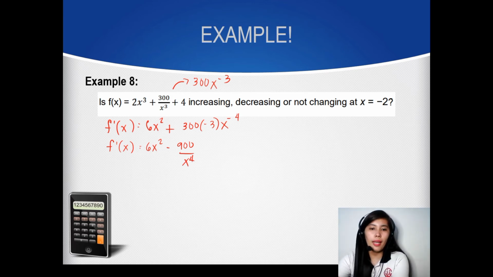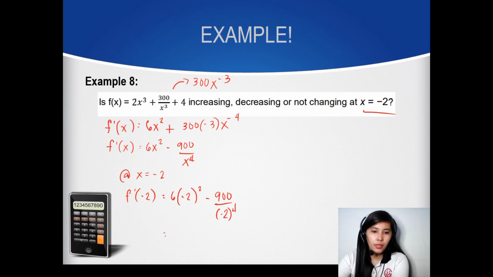Then at x is equal to negative 2, so that is f prime of negative 2 is equal to 6 times negative 2 squared minus 900 over negative 2 raised to 4. So this is 6 times 4 minus 900 over negative 2 raised to 4, that is 16.